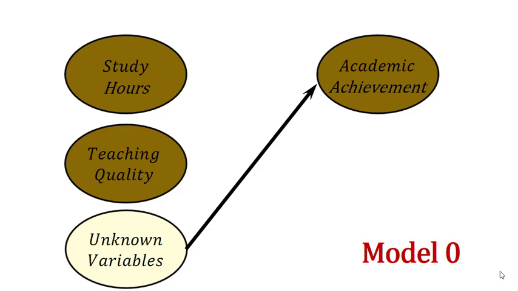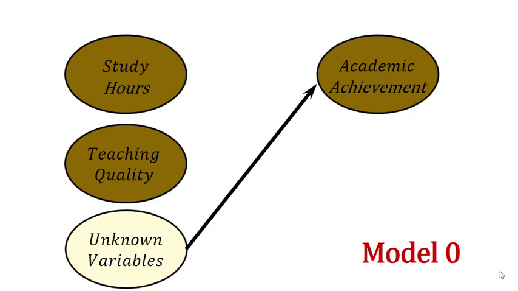academic achievement. So in model 0, the causal model is showing that we don't know what are the causes of academic achievement.